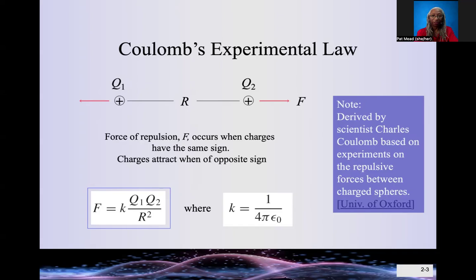He basically observed that if you have two charged particles, they would have a force of either attraction or repulsion. You may understand that oppositely charged particles attract, and if two particles have the same plus or minus charge, they will repel each other. Anyway, the force is proportional to some constant K and inversely proportional to the distance between the two charges.